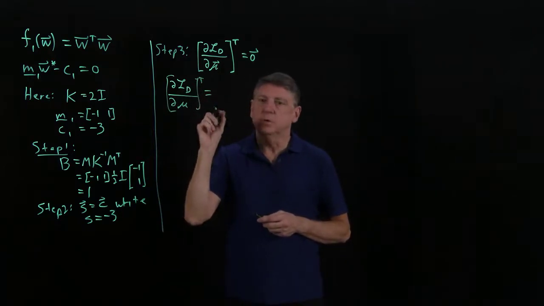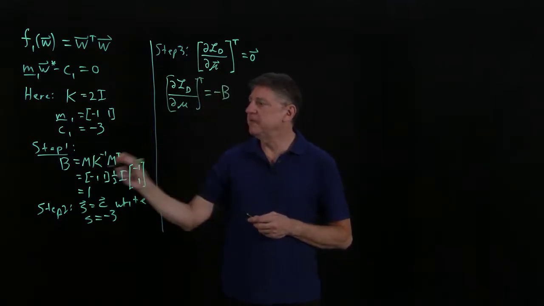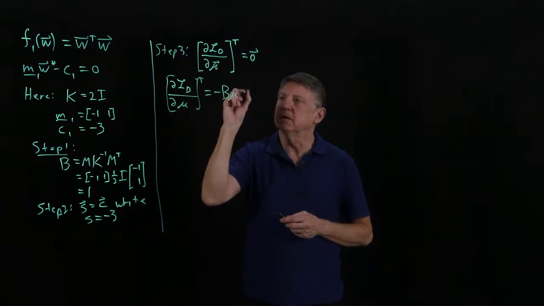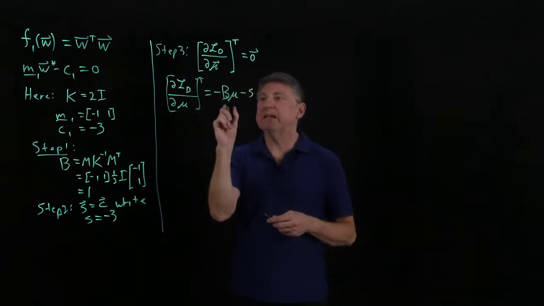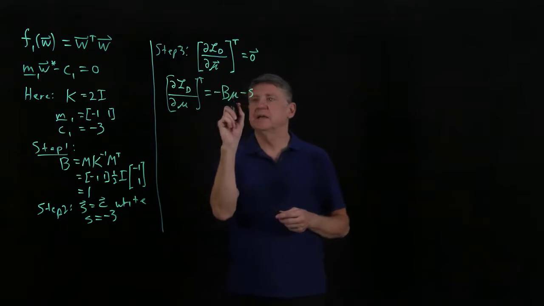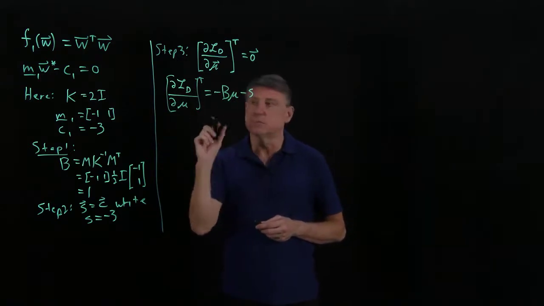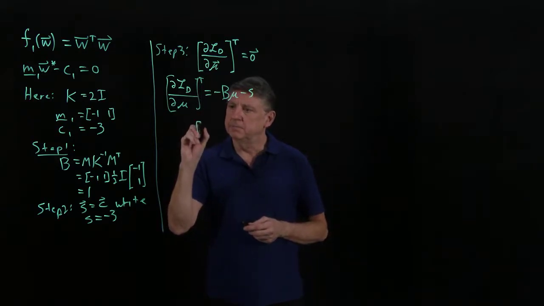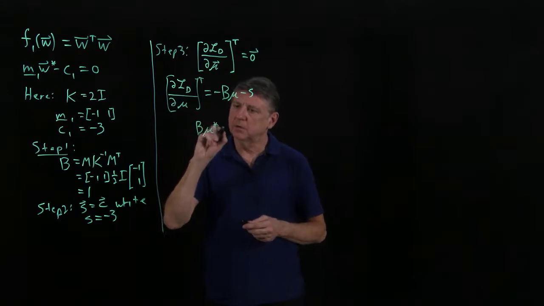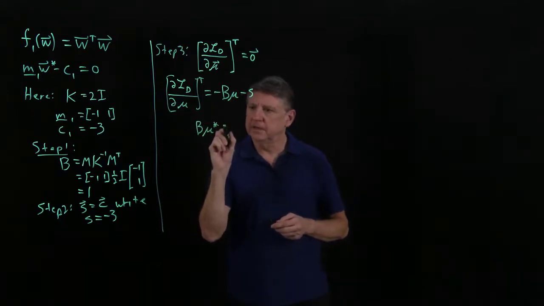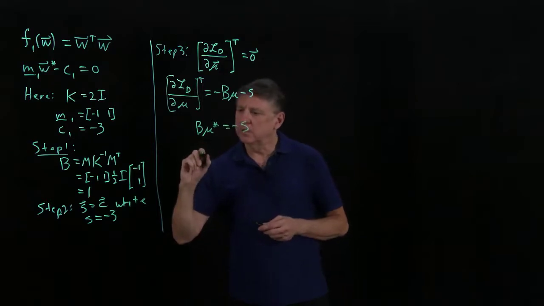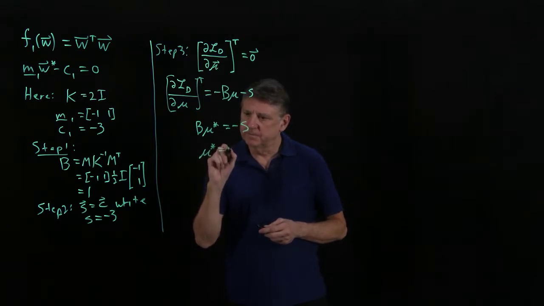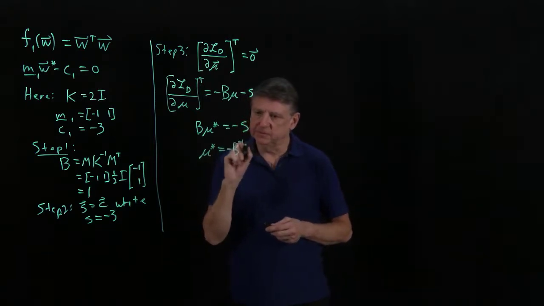So that will equal minus our B matrix times our Lagrange multiplier minus S. And when we set that equal to 0, that's equivalent to saying, and solve for the specific Lagrange multiplier, if I take this over to the left-hand side, that will be B times our optimal Lagrange multiplier equals minus S, or we could write that as the optimal multiplier equals minus B inverse times S.